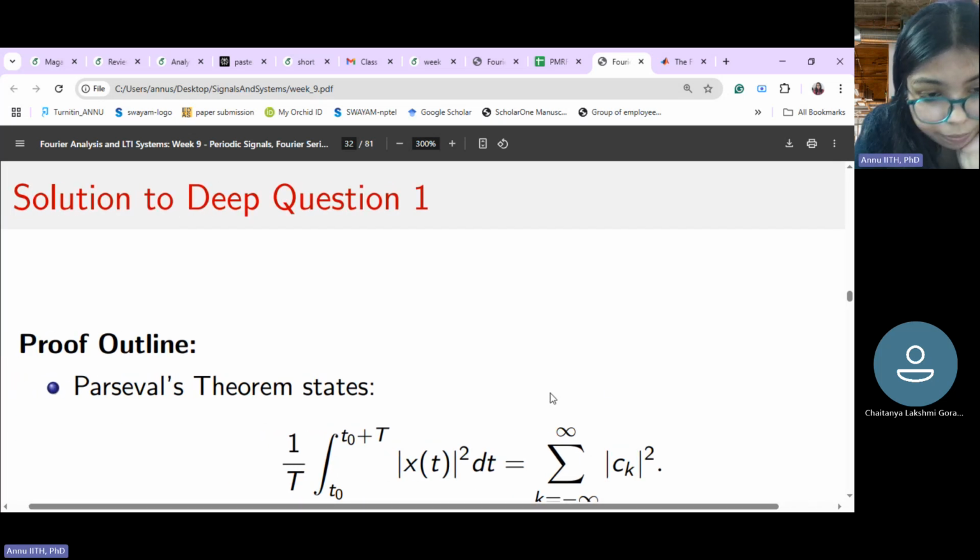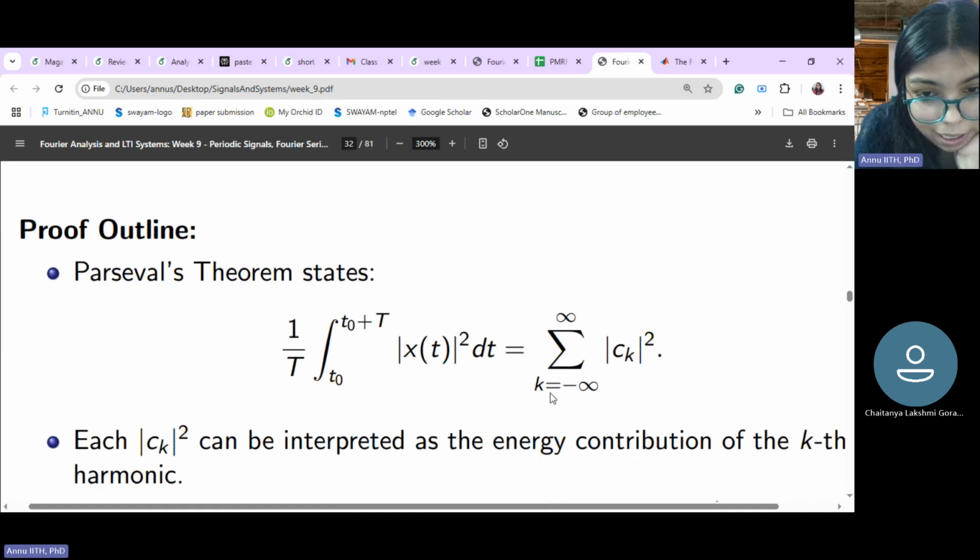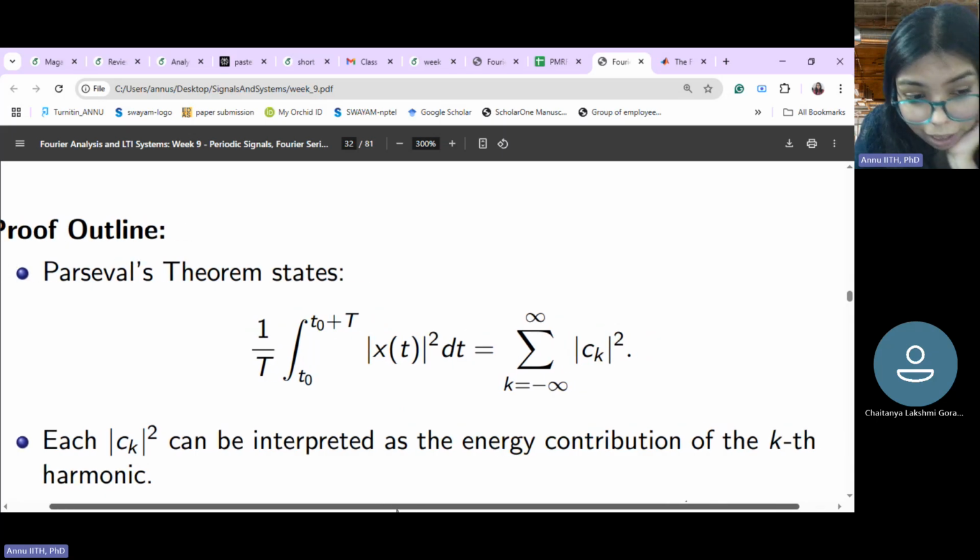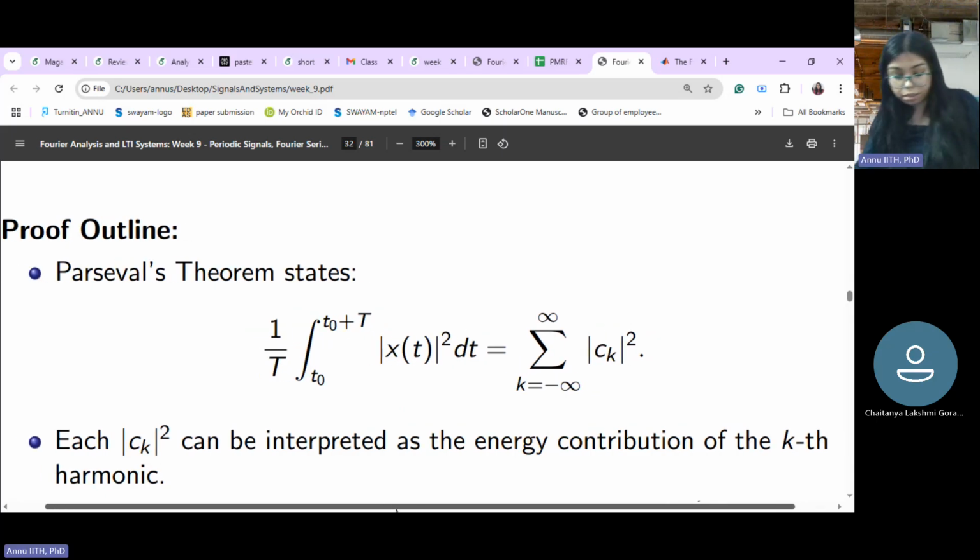So let us see our proof outline. Parseval's energy theorem says it like this. We have this expression. Now, each |ck|^2 can be interpreted as the energy contribution of the kth harmonic, isn't it? Why is that the case?